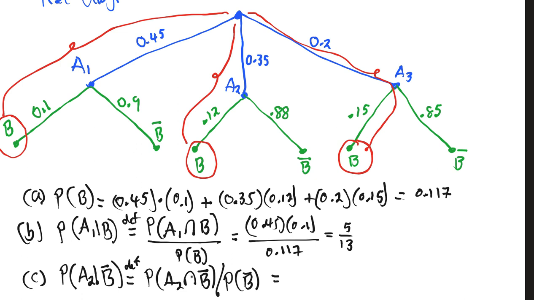Well, A2 and not B, that is this path. So moving along here and getting to there. The probability of it being a medium-sized car and passing the test, or not failing the test, which goes in the numerator, is 0.35 times 0.88.